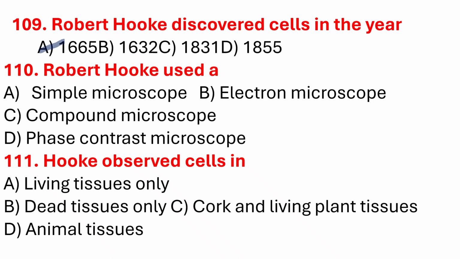Robert Hooke used a simple microscope, electron microscope, compound microscope, phase contrast microscope: option C, compound microscope. Hooke observed cells in cork and living plant tissues.